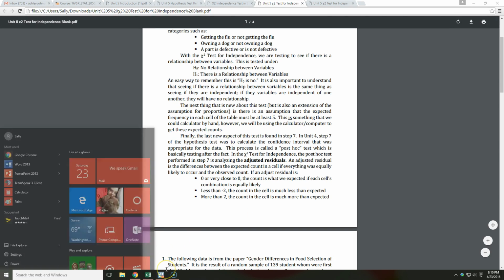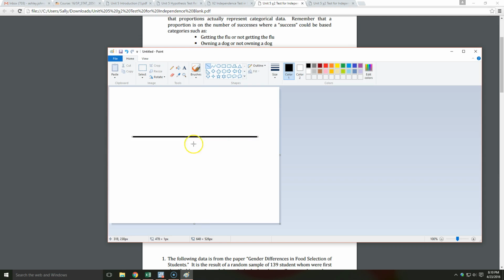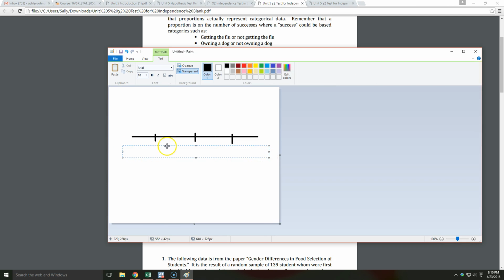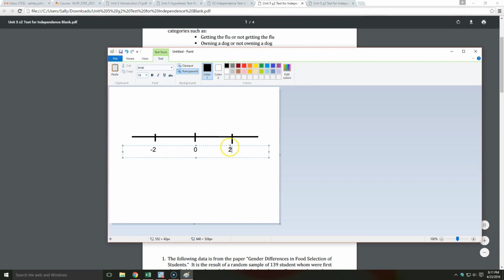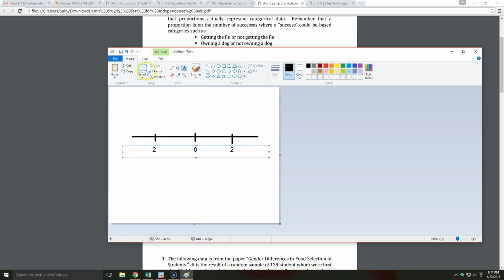So basically the way that we are going to characterize this is pretty similar to our rule for standard deviations. So originally we have, all right, -2 is one of our cutoffs, 0 and 2. So if your adjusted residual is outside of -2 or +2, then we're going to say that we get a different amount than we expected.